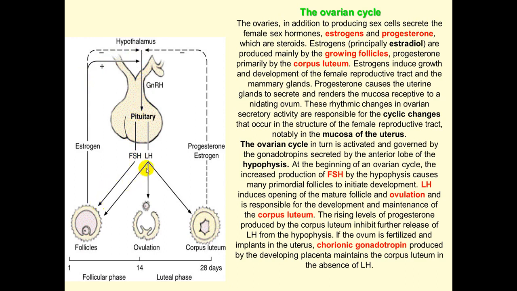Follicle stimulating hormone acts during the estrogen phase of the ovarian cycle. Then, in the second part, the luteal phase of the sex cycle, the menstrual cycle, the gonadotroph cells produce LH, luteinizing hormone.